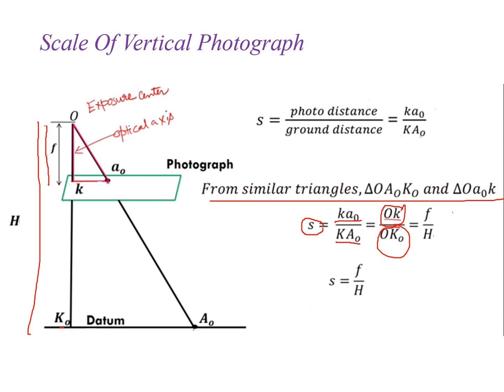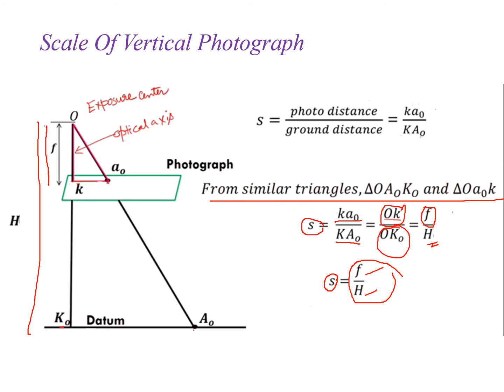Ok is nothing but your focal length f, and OK0 is your capital H. So from this you can say the scale of photographs can be expressed not only in terms of distance but also in terms of height: f, the vertical distance or focal length, over H.